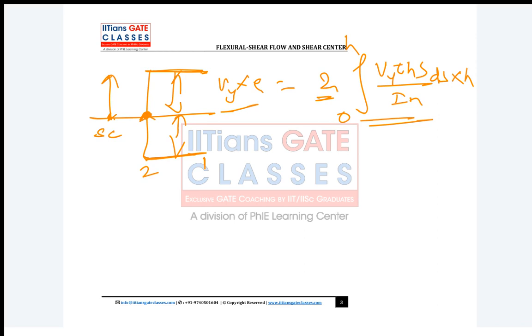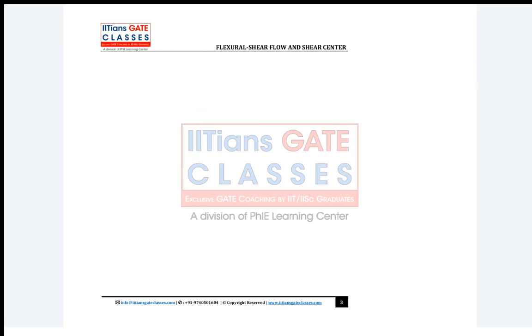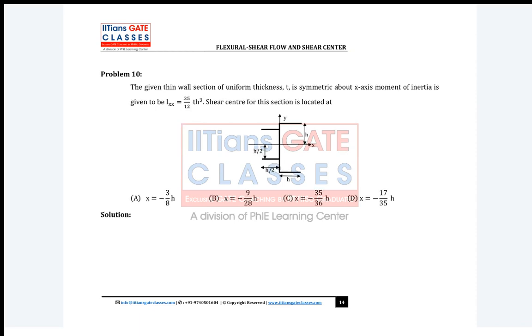Now guys, let's come to a GATE question, which was there in your GATE exam. This is the GATE question. Read this question and we need to solve this. What it says: the given thin wall section of uniform thickness t is symmetric about the x-axis.